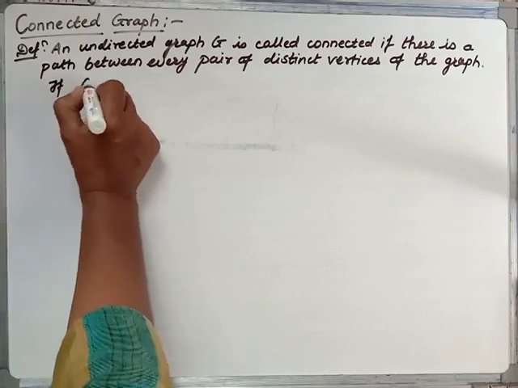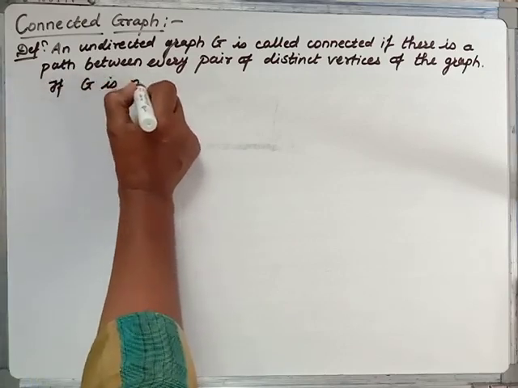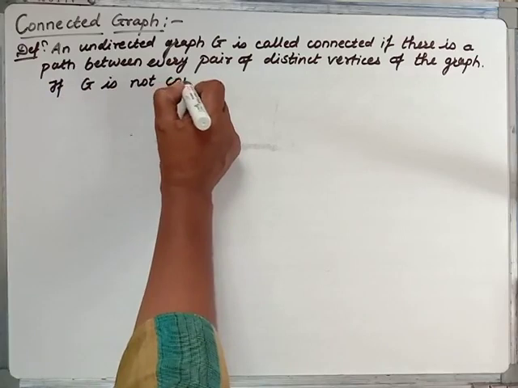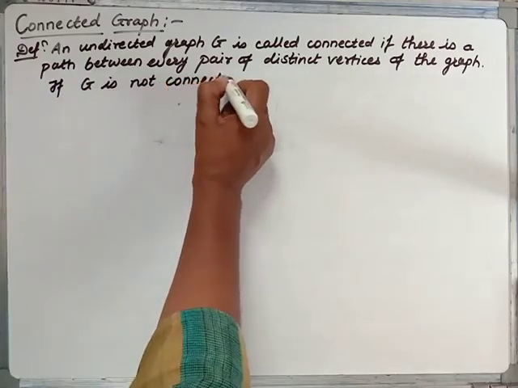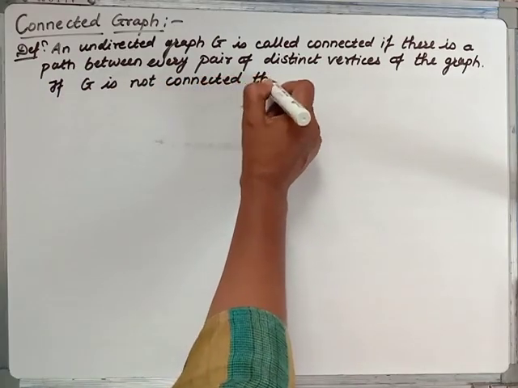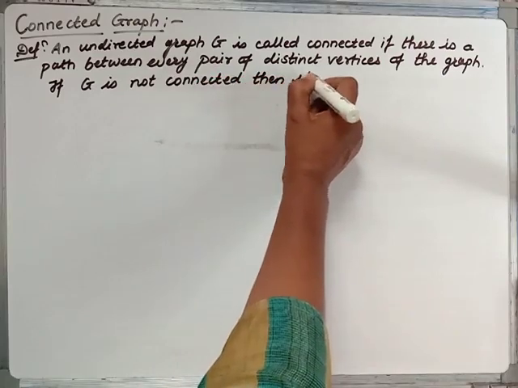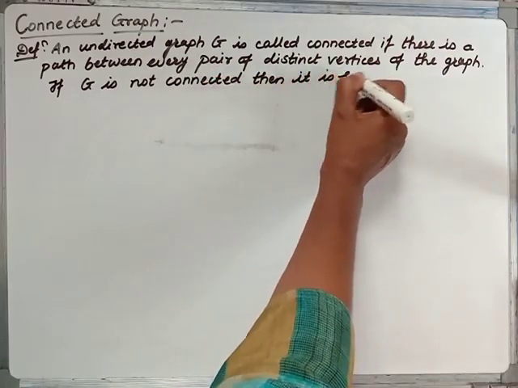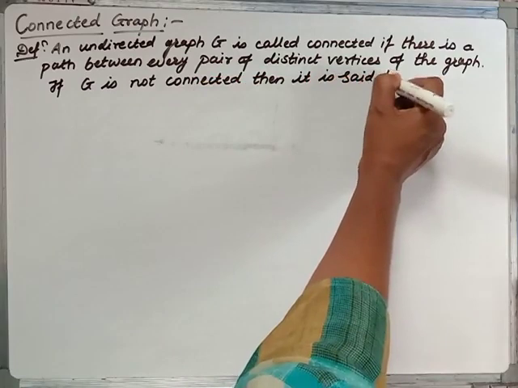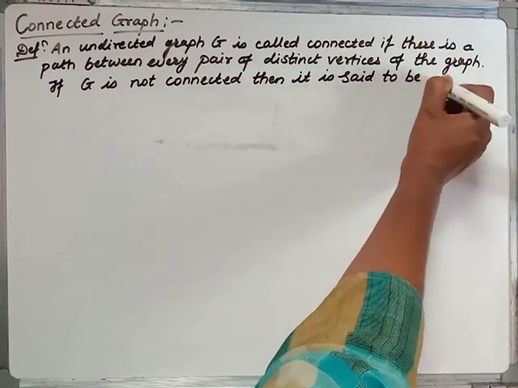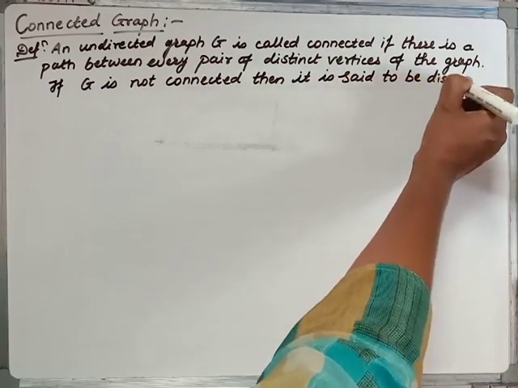If G is not connected, then it is said to be disconnected.